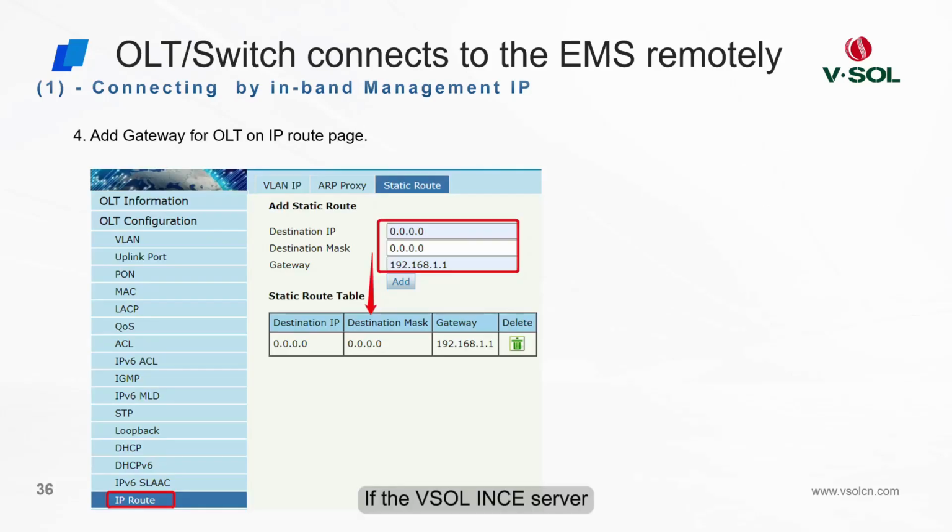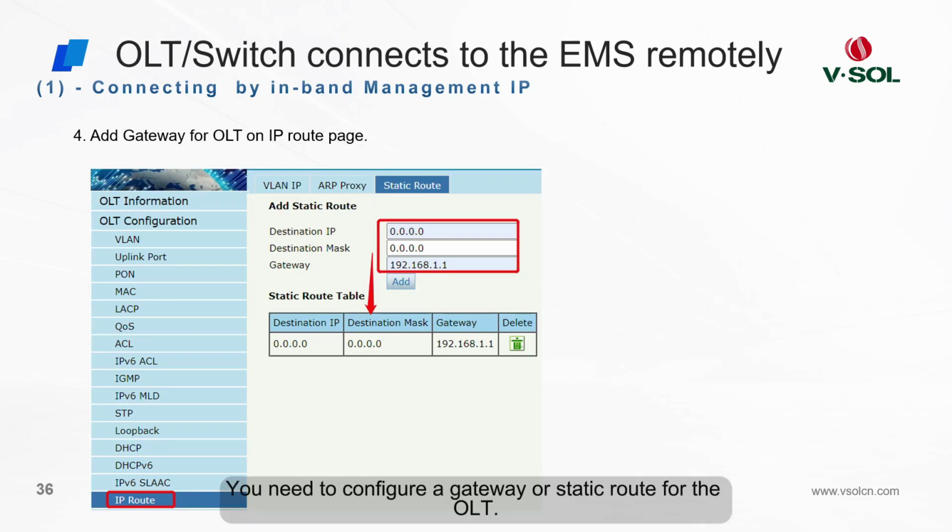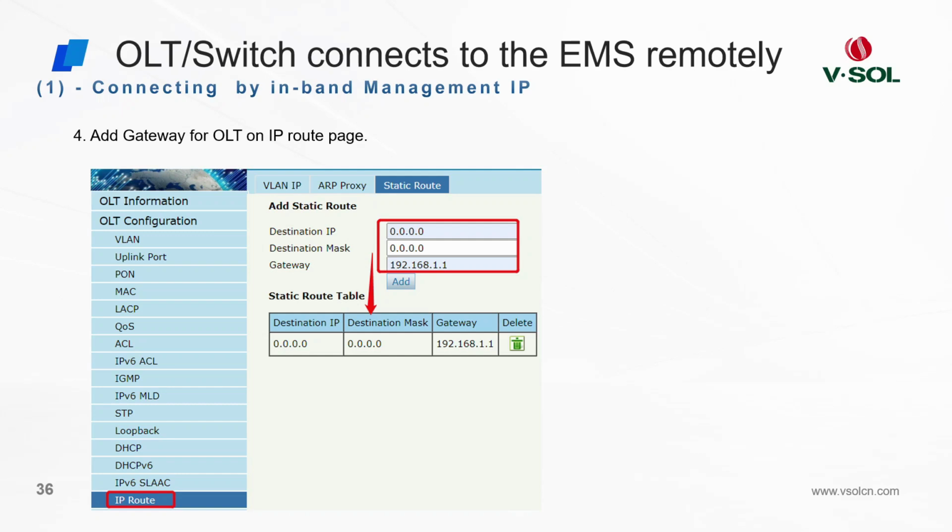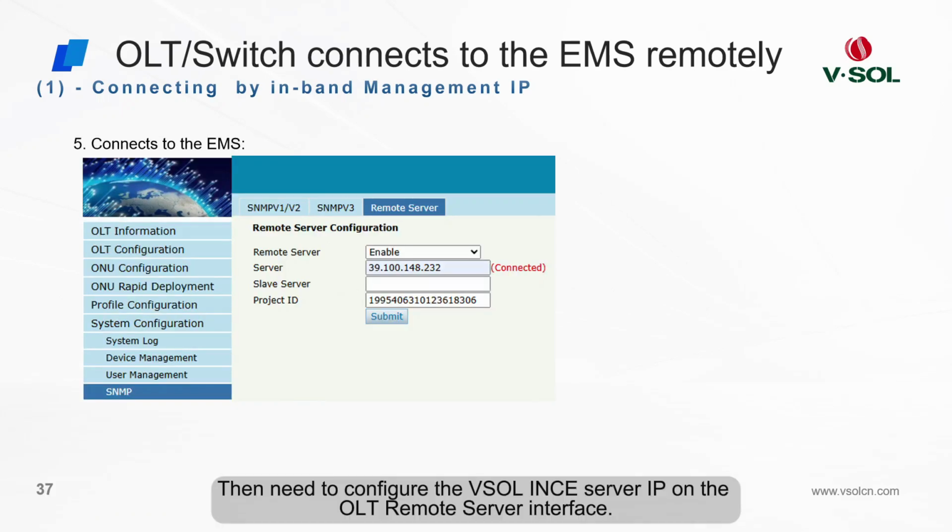If the VSOL INCE server and the OLT IP address are not on the same network segment, it would cause the OLT to be unable to access the server. You need to configure a gateway or static route for the OLT. Then configure the VSOL INCE server IP on the OLT remote server interface.